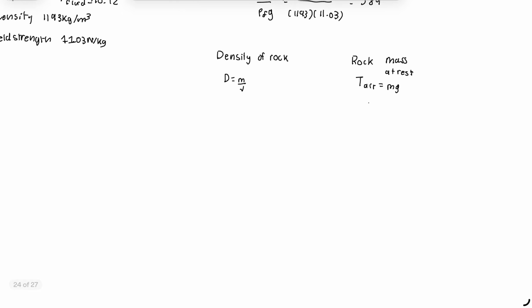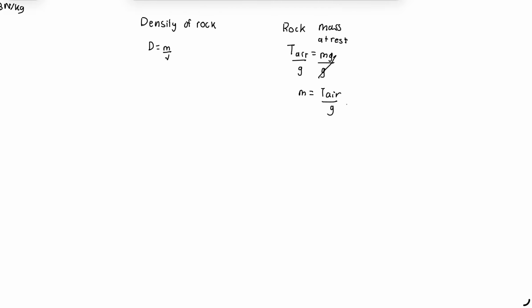So if you rearrange this and solve for your mass, you can plug in what our tension in the air is. So we know that the tension in the air is 17.87. And our gravitational field strength here is 11.03, not 9.8. So if you plug this into a calculator, you're going to get approximately 1.620.